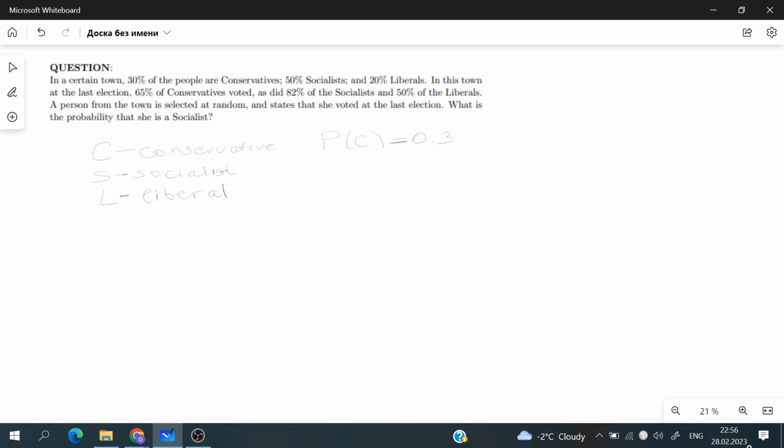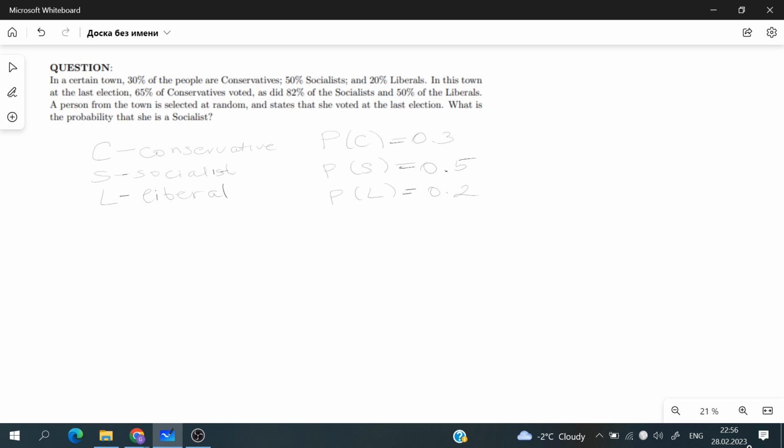Just divide by 100. So P of S equals 50% or 0.5, and P of L equals 20%. Correct?